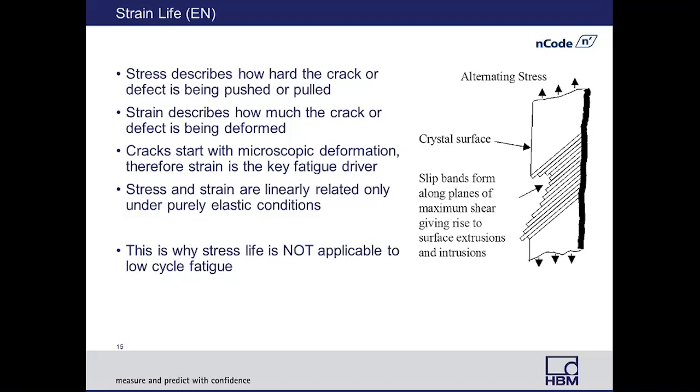And that would definitely put us into the high cycle realm. So everything works fairly well so long as we've got this nice linear relationship between stress and strain. However, if we exceed the yield point, we get into an area where we have a nonlinear relationship between stress and strain, and this is exactly why stress life does not work very well when we do low cycle fatigue. So in those cases, we're going to need something like strain life.